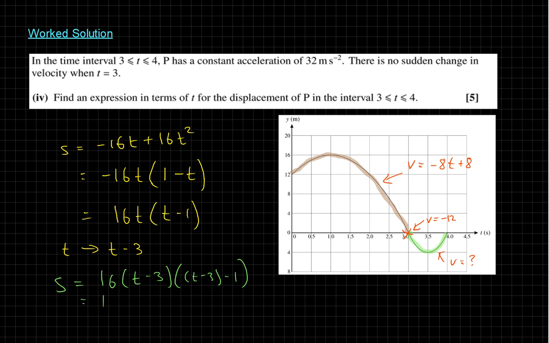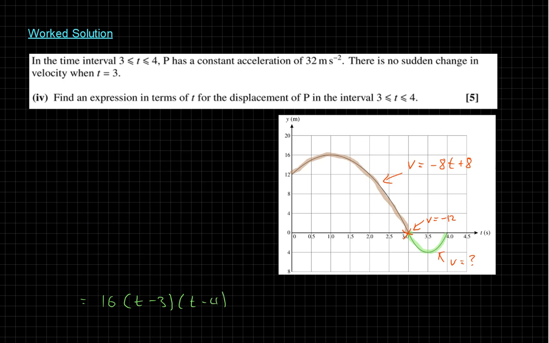So that's 16 times t minus 3 times t minus 4. That's our answer there. That is the expression for the displacement in terms of t for this region here. That's the answer I get.